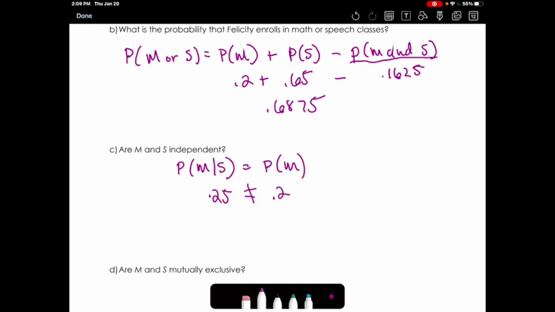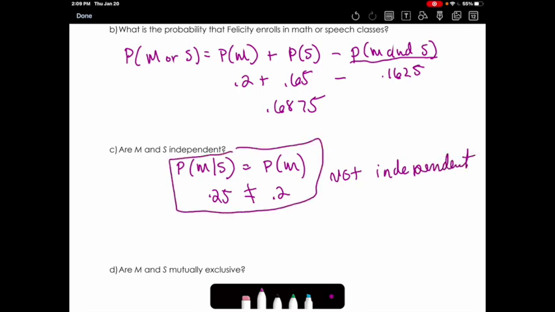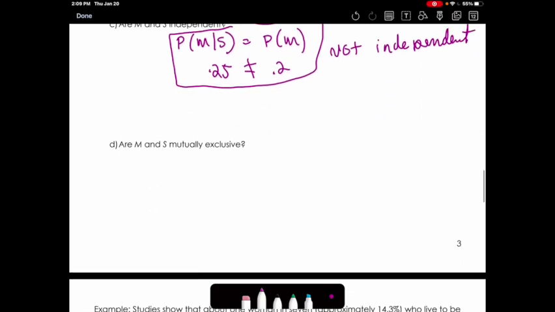And we know that the probability of M is 0.2. Because these are not equivalent, they are not independent. In order for these two events to be independent, this must be a true statement. In other words, the probability of one event is not going to affect the probability of the second event. And that's just not the case in this part C.